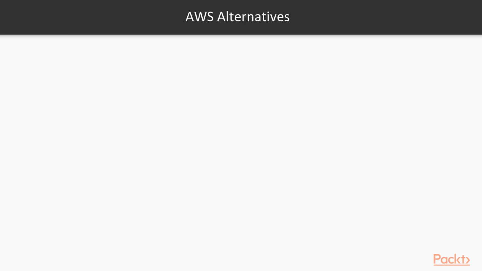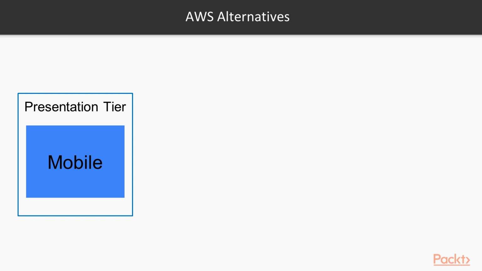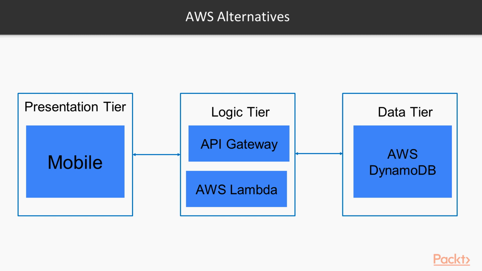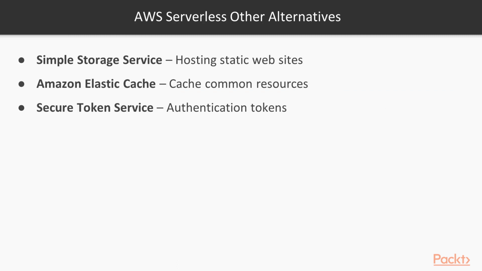Again, we have more alternatives. Let's look again at our tiers. We've already looked at our logic tier. Now, if you want to also have the data tier on a serverless architecture, then you can use the AWS DynamoDB service. The AWS DynamoDB database is a fully managed NoSQL database provided by AWS. Now, for other alternatives for having a serverless architecture end-to-end, you can use the Simple Storage Service.